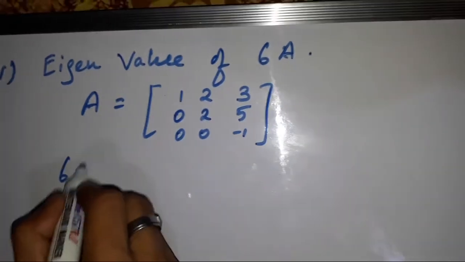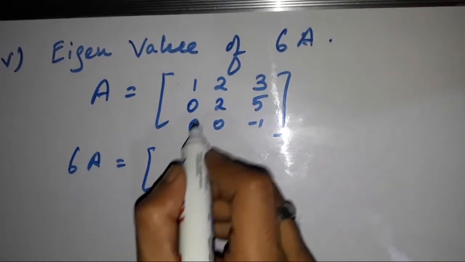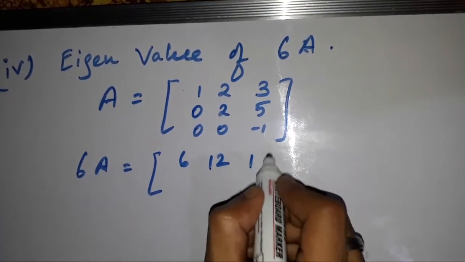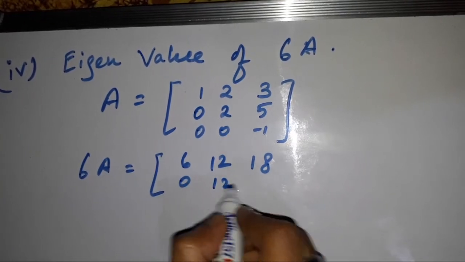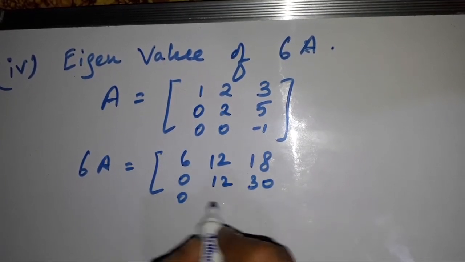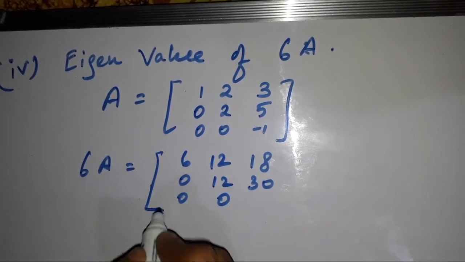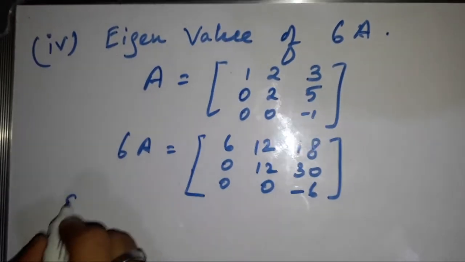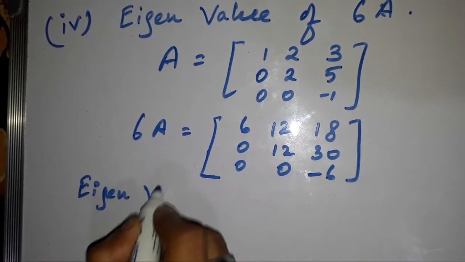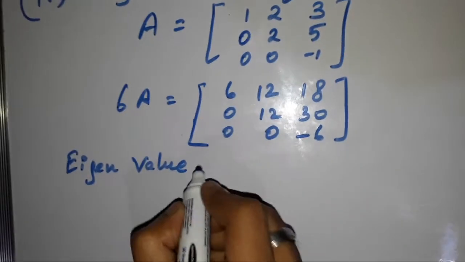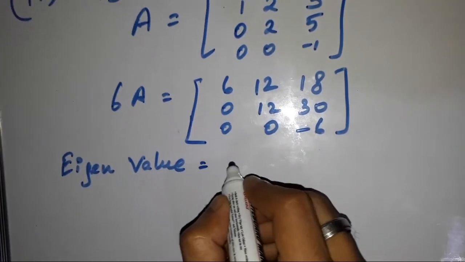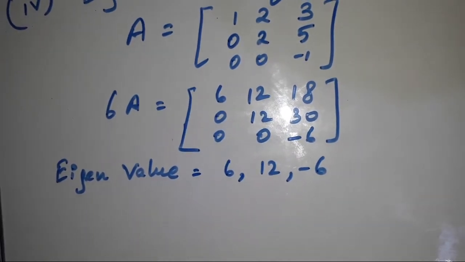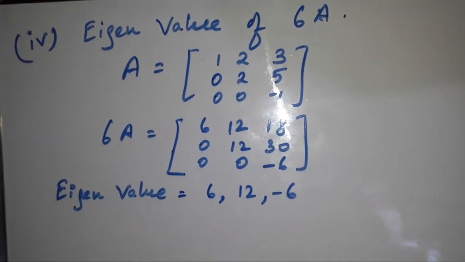So 6A, as you all will know, gives the matrix [6 12 18; 0 12 30; 0 0 -6]. The eigenvalues will be quite simple, as we will be using the properties. So we get the eigenvalues as 6, 12 and minus 6.